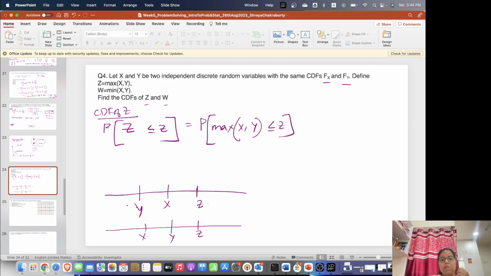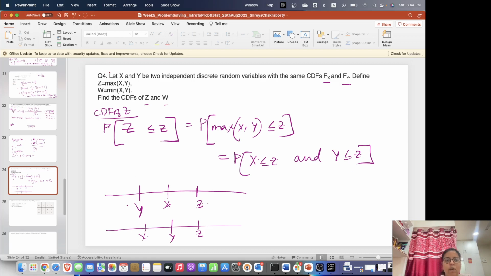The maximum of y and x here is x, so this should be less than or equal to z, and the maximum of x and y here is y, so this should also be less than or equal to z. So the maximum of both being less than something implies that x is less than or equal to z and y is also less than or equal to z. Only then will the maximum also be less than or equal to z.